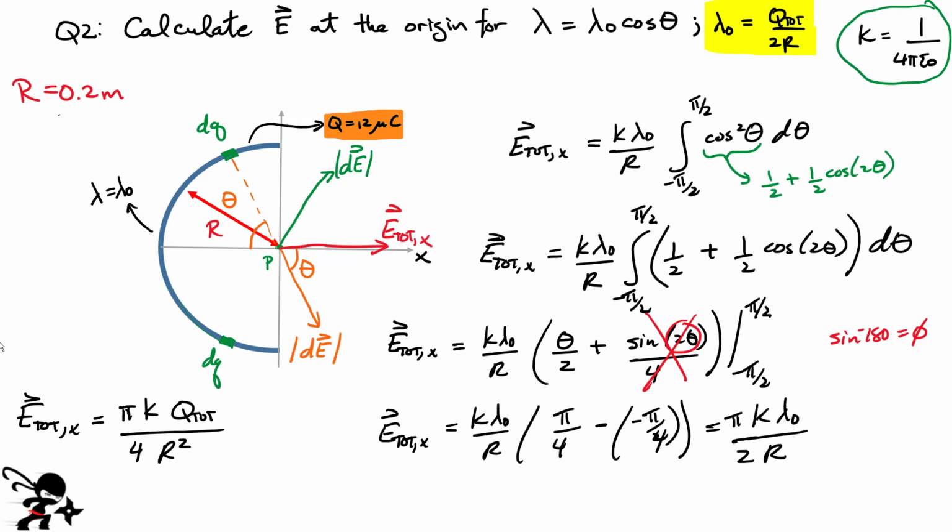If you have a look at this expression, let's compare them to one another and substitute in the numbers. If I assume that the radius of this semicircular ring is 0.2 meters, and the total charge was 12 microcoulomb, let's compare the numbers.